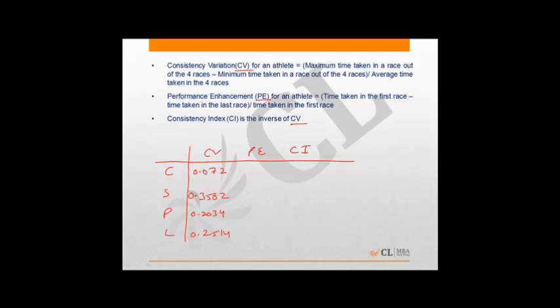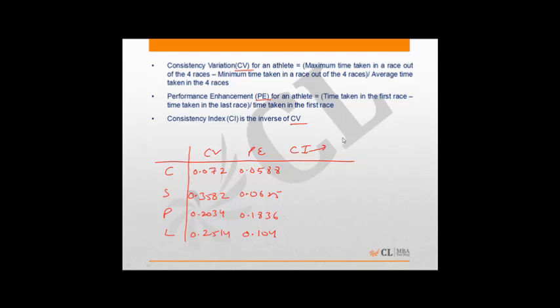So in order to calculate these values, you can make good use of the calculator which is provided by the CAT authorities this year. Right? Similarly, when you calculate the PE value for all the 4 athletes, you will get these respective values.